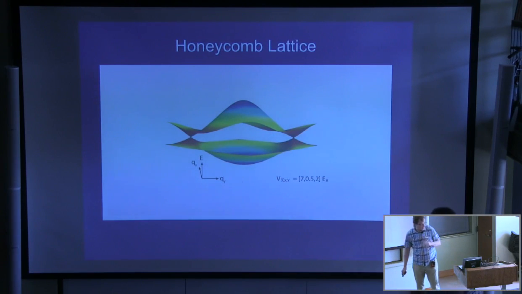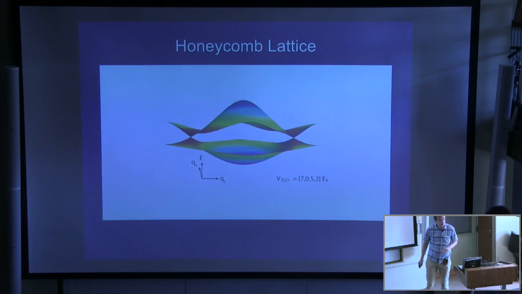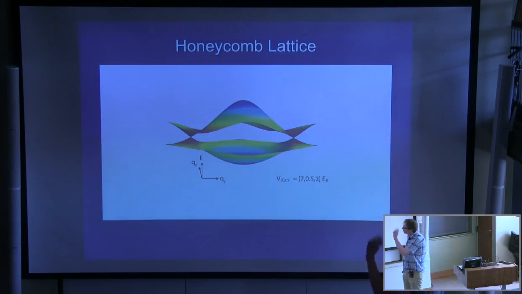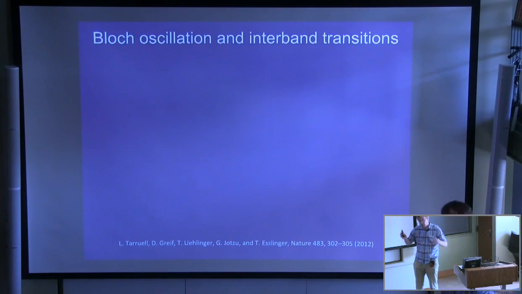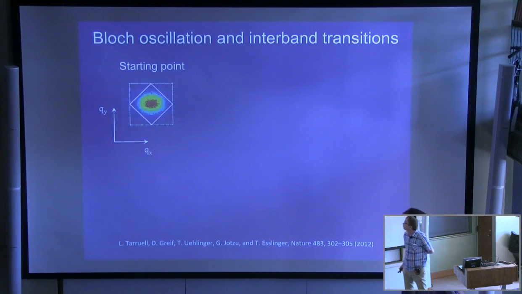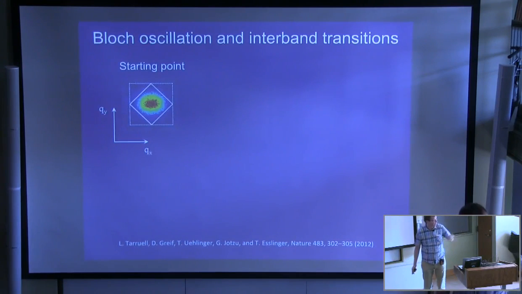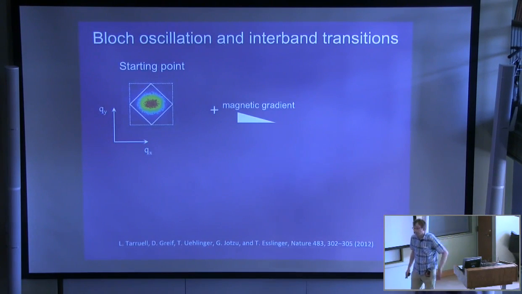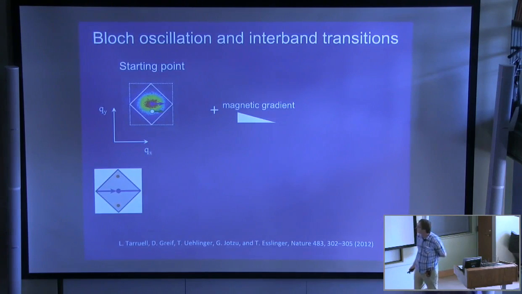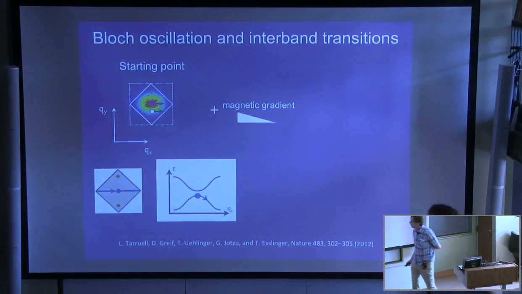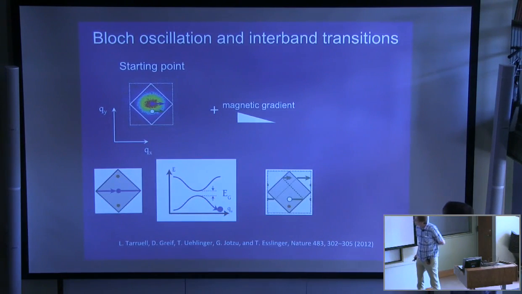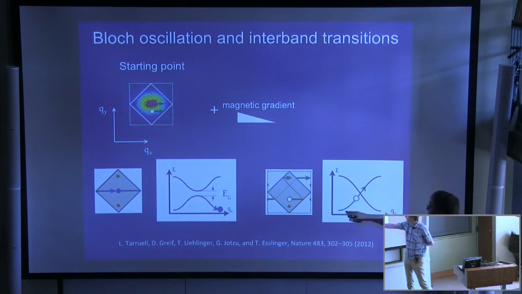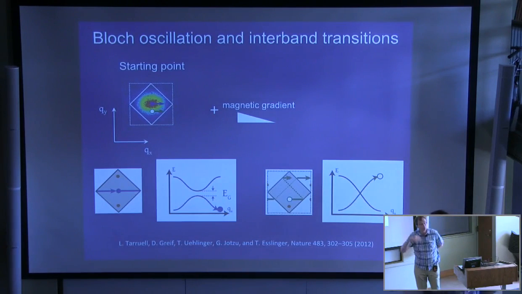Okay, and then again, an experimental point is how can we measure these Dirac points. The idea is that we take the cloud of atoms and we accelerate it through the band structure using a magnetic field gradient. Of course, what is happening here is either you can have Bloch oscillation if you miss your Dirac point, or if you pass through a Dirac point, then the atoms will go into the higher band.